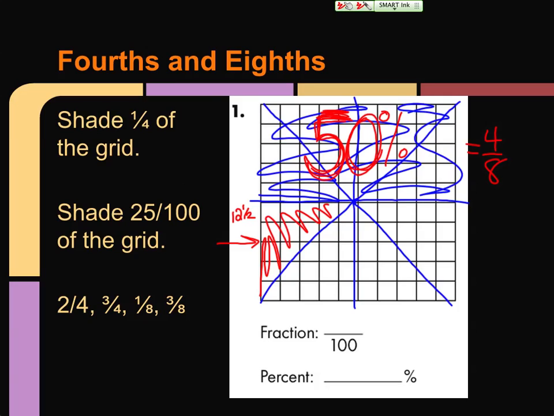Tim? 62 and a half. Because this is 50, and if I add another 12 and a half, that would be 62 and a half. So what we're saying is 5/8 is equal to 62.5%, or how many equal squares?